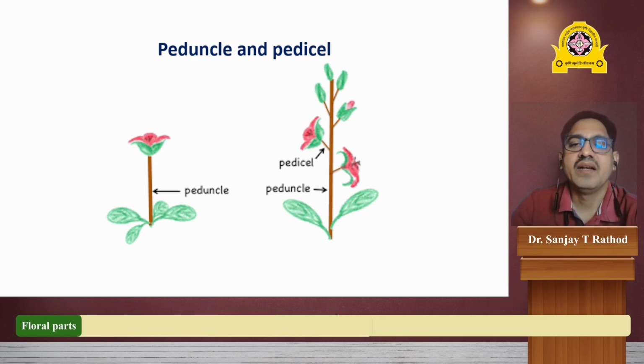What does peduncle mean and pedicel mean? Peduncle means this is the flower bearing part, the flower bearing stem you can say. And pedicel means this is the stalk, and at the top of the stalk, the flower will be available.